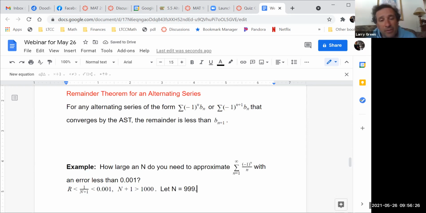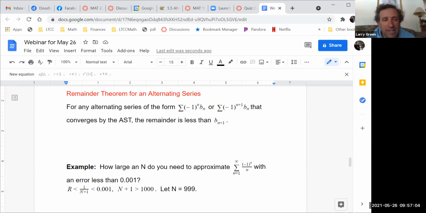So then you go to your computer program and you do a simple for loop saying let n equal 1 to n equals 999. And then you say, answer plus equals negative 1 to the n over n, and then it spits it out. Okay, believe it or not, that's all the code you need, and that does what we need to do. Any questions on that? Any questions?